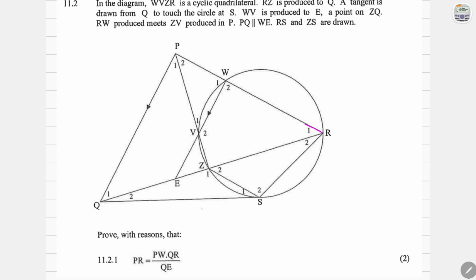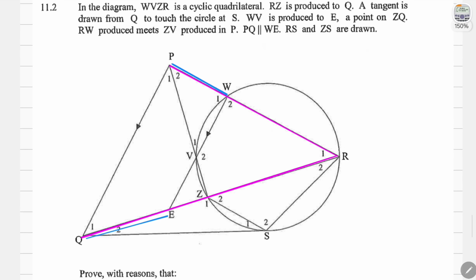Where's PR? PR is this line over here. PR is equal to PW, this is PW, and then multiply by QR. Where's QR? That longer line, so let's just mark it in purple as well. QR, and then over QE. Okay, QE.